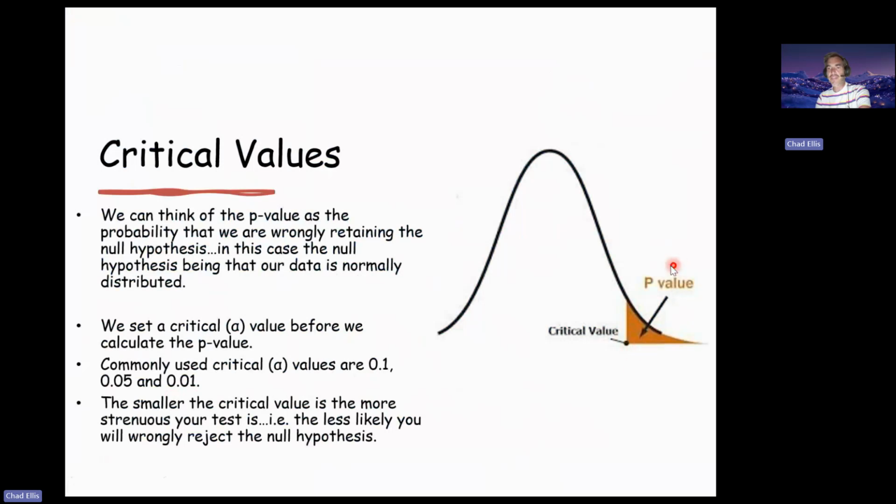So you can think of the p-value. If the p-value is smaller, right? Remember, area underneath the curve. If the p-value is smaller than the critical value, aka the alpha value, that means that we're likely going to reject the null hypothesis.